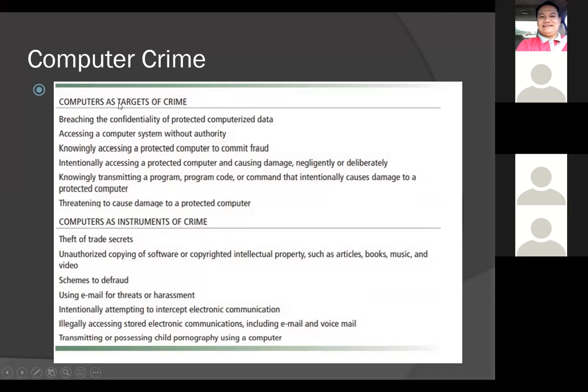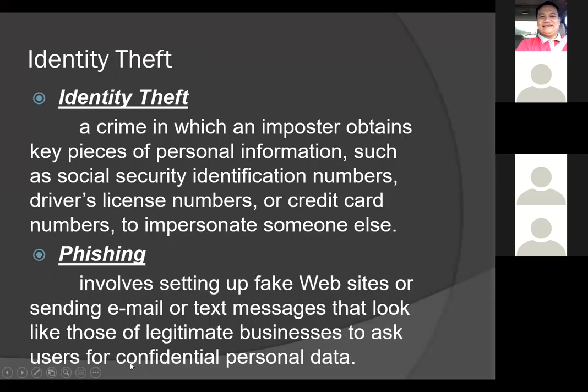Here we can see the computer as a target of crime, and the instrument of crime, where economically damaging kinds of computer crime are DoS attacks, introducing viruses, theft of services, and disruption of computer systems. Identity theft. This is a crime wherein an imposter obtains key pieces of personal information.